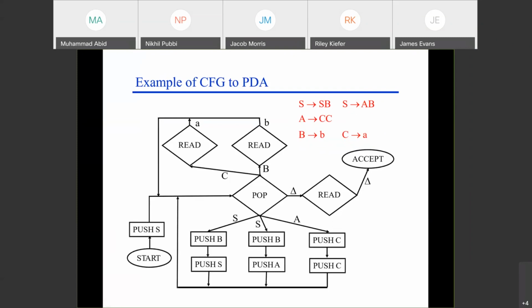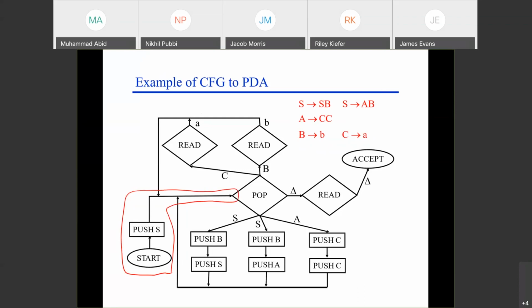If you want to convert your Chomsky normal form CFG into PDA, you always need to start from this design, from this circuit, because you know that you must have one start production rule, and you are forced to always start from that start production rule.